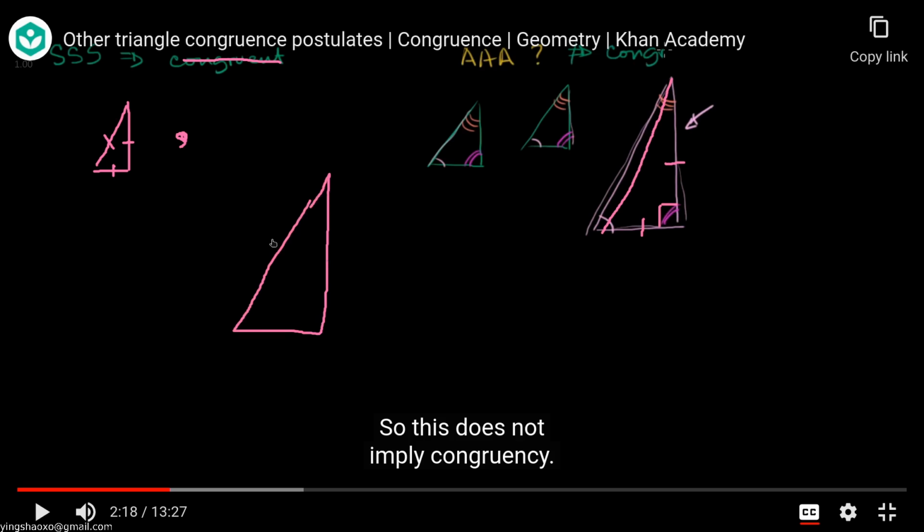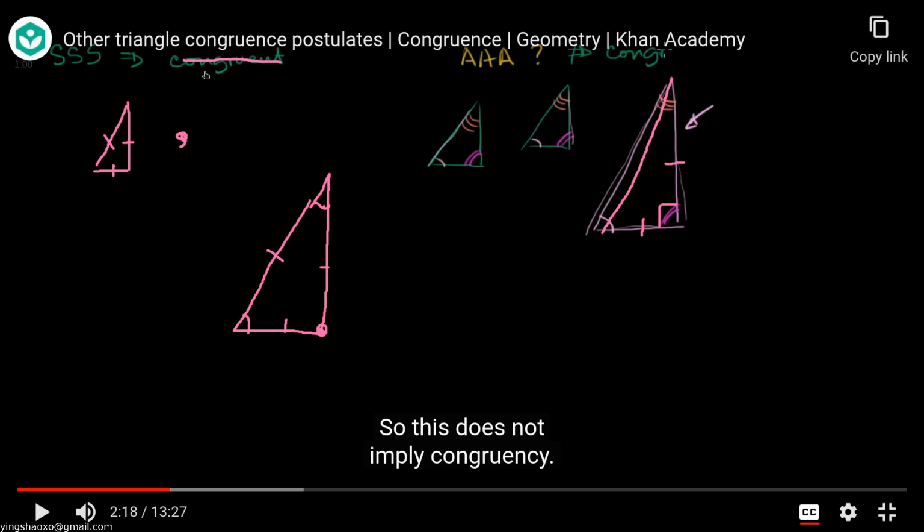Let me say the third case is when you know two angles and a side length. When three of them are equal, since we know this angle and this side, the two lines will always cross at the same point. So for this case, the two triangles are also identical, or congruent.